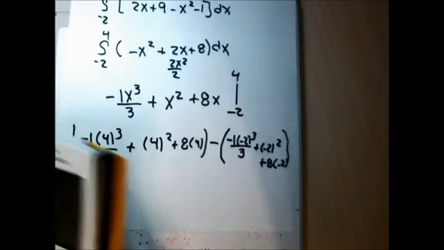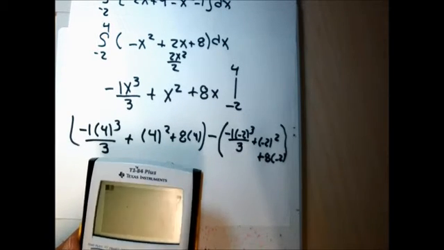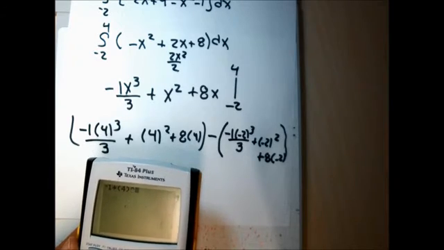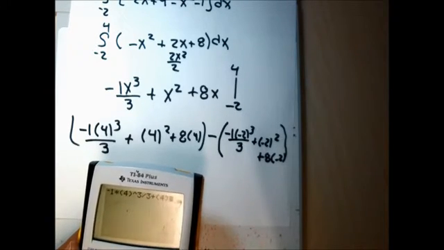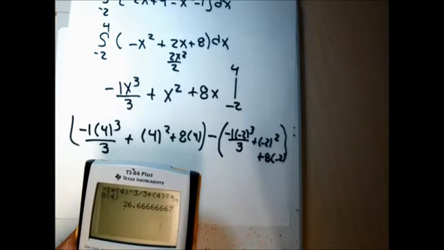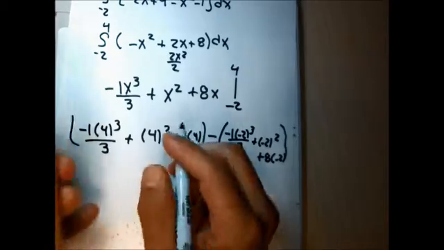So left one, second quit, clear, -1 times 4 cubed divided by 3 plus 4 squared plus 8 times 4. Math, enter, enter. I get 80 over 3 for this number.